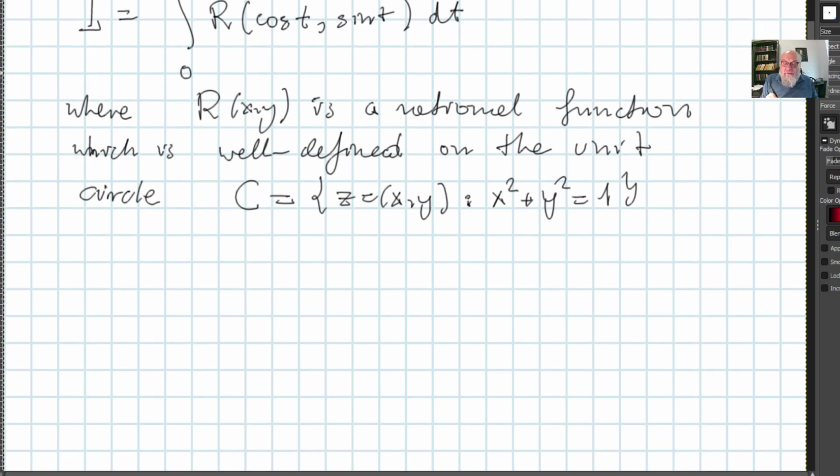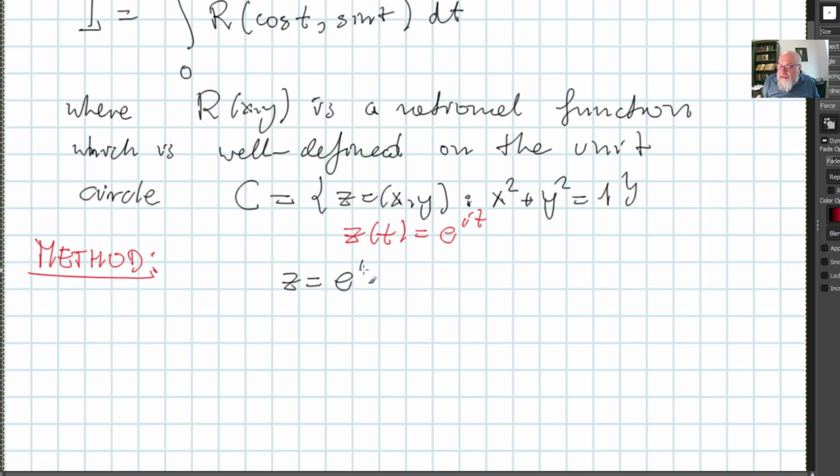So how does the method work? The integration method: we will derive the formula for the computation of these integrals, and this formula will be related to the following substitution. Notice that this particular circle has the parametrization z(t) equal to e to the it.